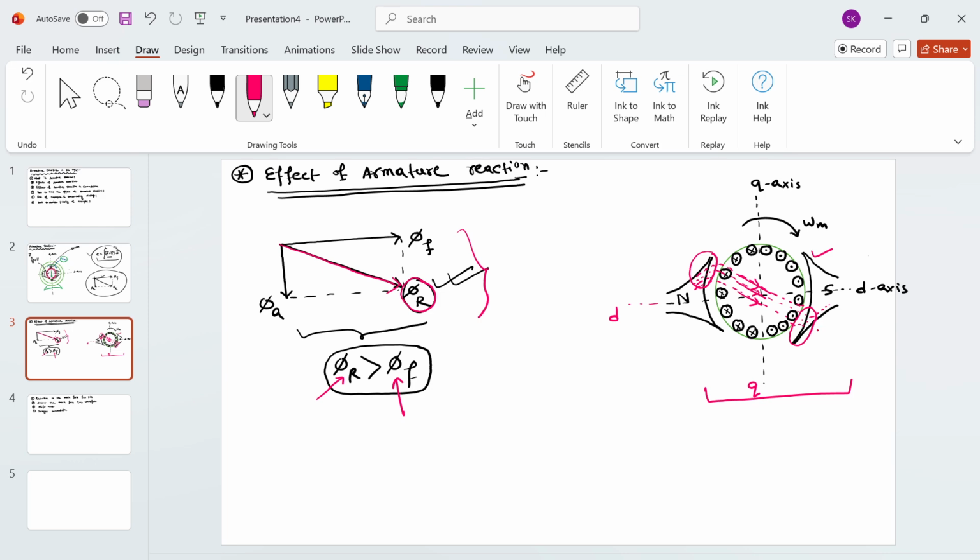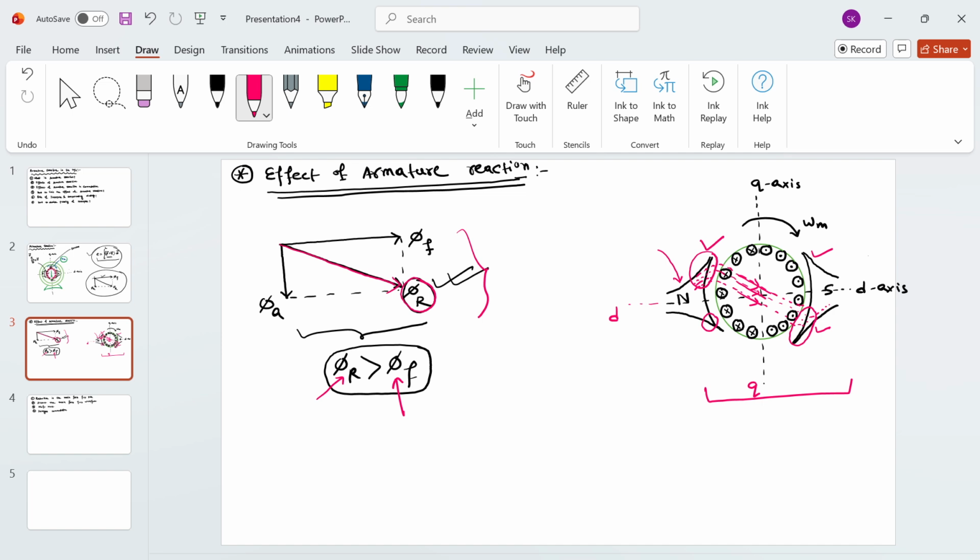So there is non-uniformity, and these poles are basically created by DC excitation, and they also have some saturation.